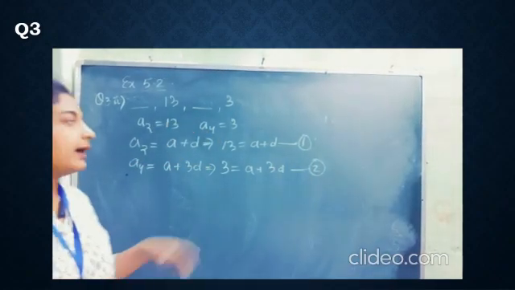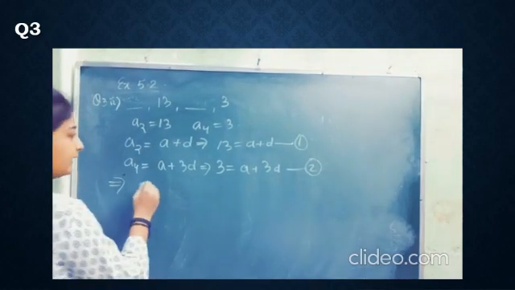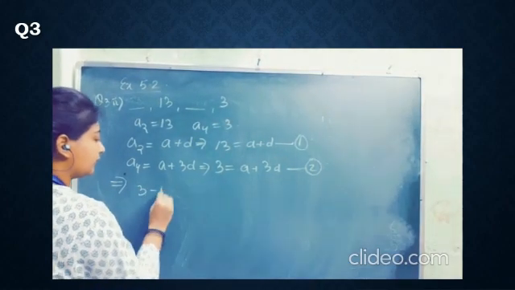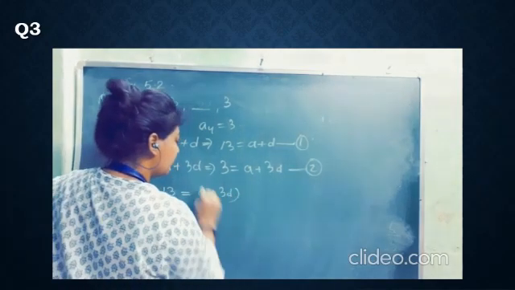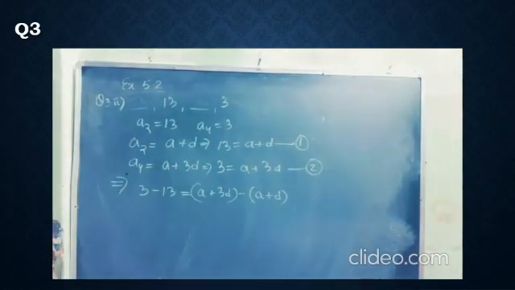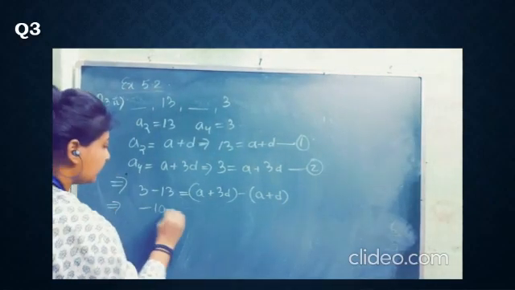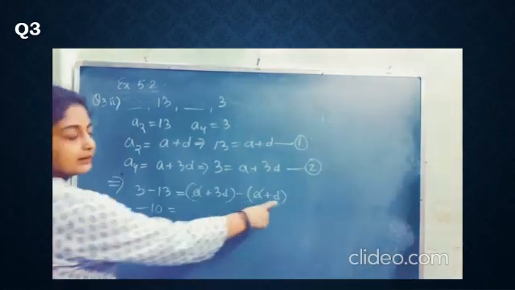Now, I can subtract equation number 1 from equation number 2. I will get 3 minus 13 equals (a plus 3d) minus (a plus d). This gives me minus 10 equals, a and a cancel out, 3d minus d becomes 2d.